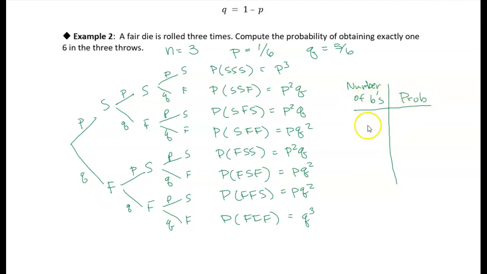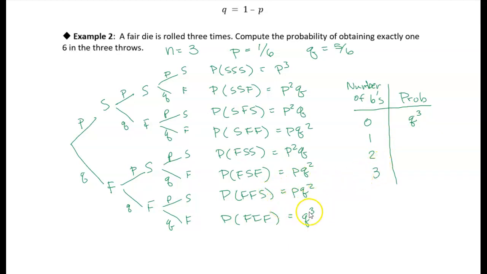Essentially the number of 6s is my random variable, and it can take on 0, 1, 2, or 3. We could get 0 6s, 1 6, 2 6s, or 3 6s. So now we can take a look at our tree and find those probabilities. The probability of 0 6s would be down here. It's the failure, failure, failure. So the probability of that is q cubed.